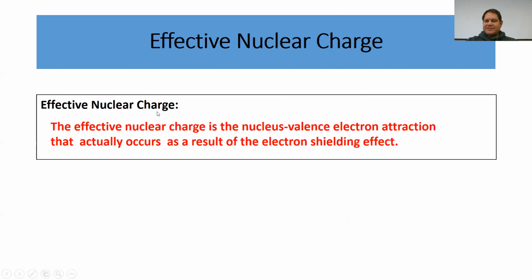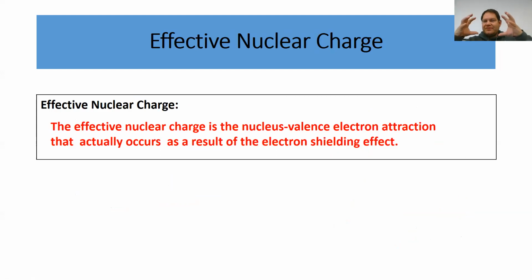All right, so as a result, we get a new definition of nuclear charge, and that is called the effective nuclear charge. The effective nuclear charge is the real nuclear to valence electron attraction, counting in the shielding effect, okay? If you don't have that shielding effect, you just have the nuclear charge.